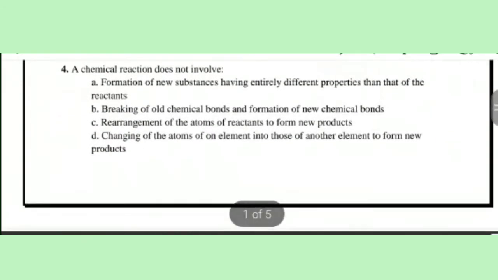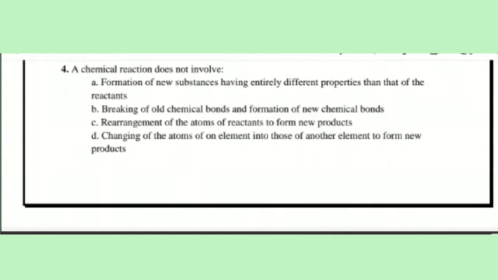Now moving towards our fourth question. Our fourth question is: a chemical reaction does not involve. Here the options are: formation of new substances having entirely different properties than that of reactants, breaking of old chemical bonds and formation of new chemical bonds, rearrangement of the atoms of reactants to form new products, and fourth one is changing of the atoms of an element into those of another element to form new products.